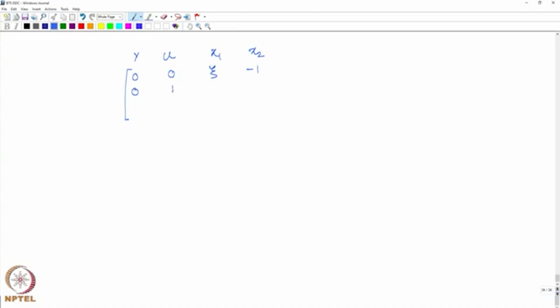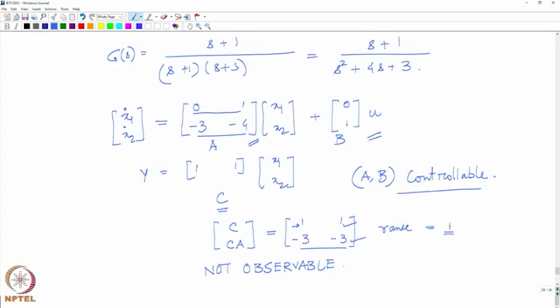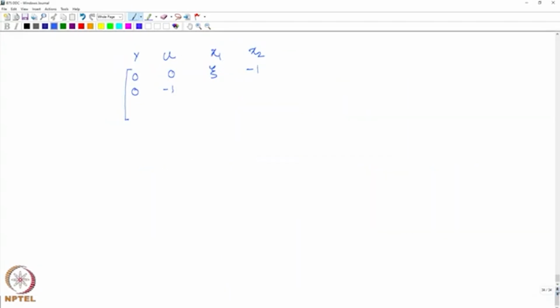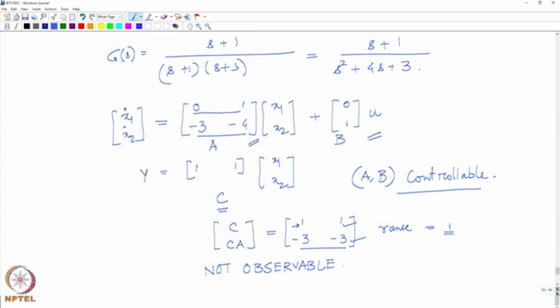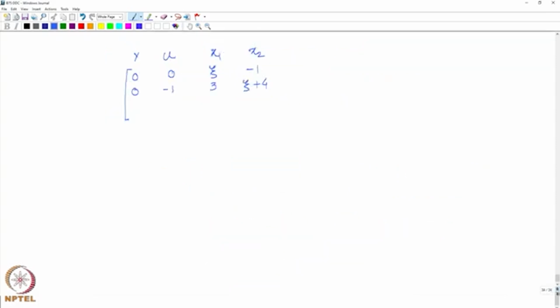The second one is x2 dot equal to minus 3x1 minus 4x2 plus u, so x2 dot plus 3x1 plus 4x2 is equal to u.